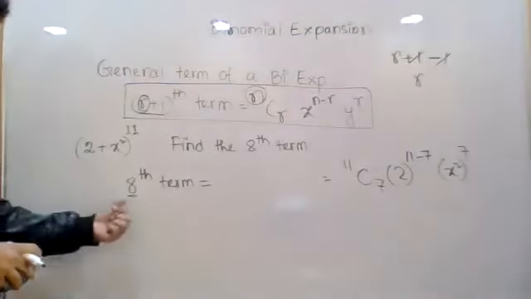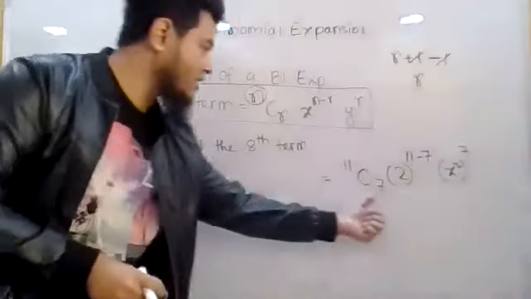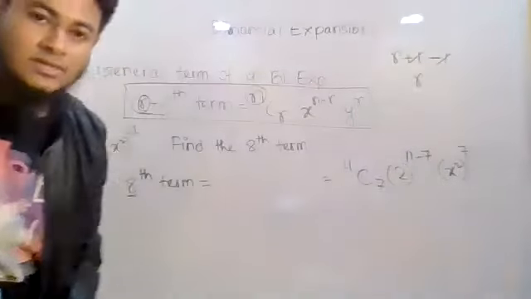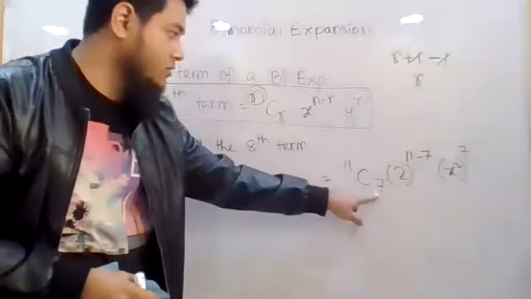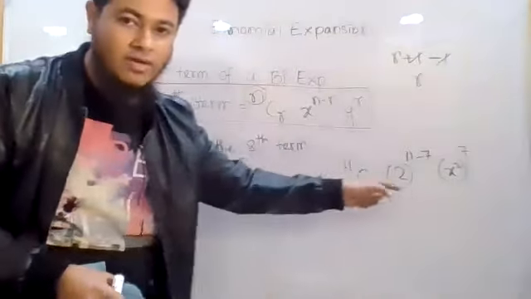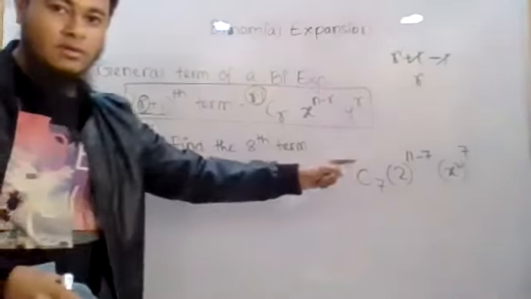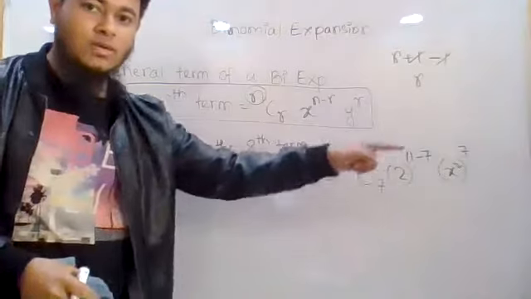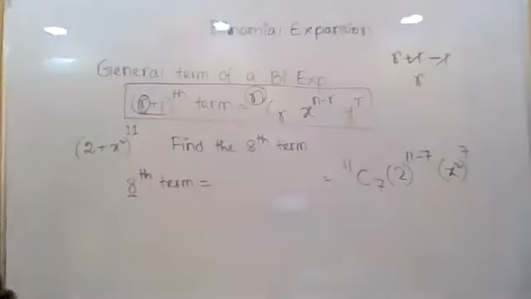We know that whatever the number of the term is that we have over here, it will be 1 less than that. So what is 1 less than 8? 7. So we put 7 over here, and the rest part you can write it, right? The first one to the power, the top one minus the bottom one, and the second one to the power is the bottom one only. Is it clear?